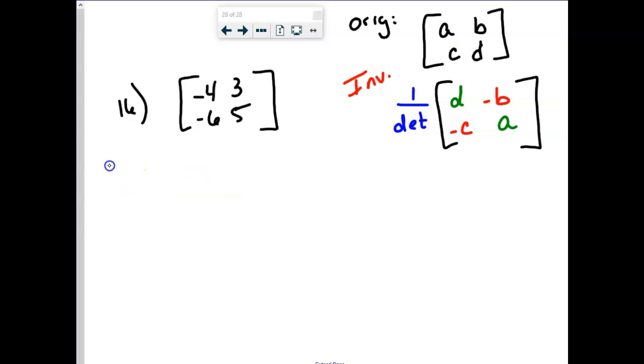So first thing you need to find for me is the determinant. So the determinant of this 2x2 matrix would be diagonal 1, so negative 20 minus a negative 18. So that comes out to negative 2. Okay. So for the inverse matrix to number 16, you start with taking the reciprocal of the determinant. So the reciprocal of negative 2 would be 1 over negative 2.